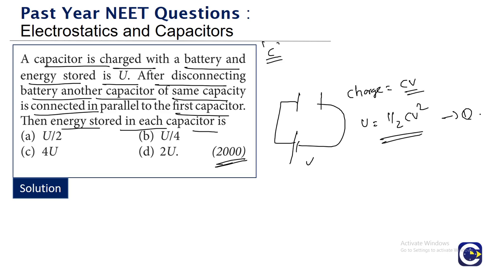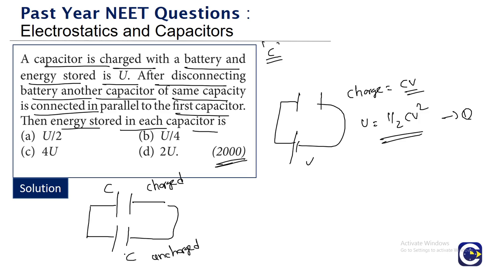Let us keep it. Now after disconnecting it, we go and connect it across an identical capacitor. Means this is C, but it is charged, and this one is initially uncharged. What would happen is there is going to be charge transfer.